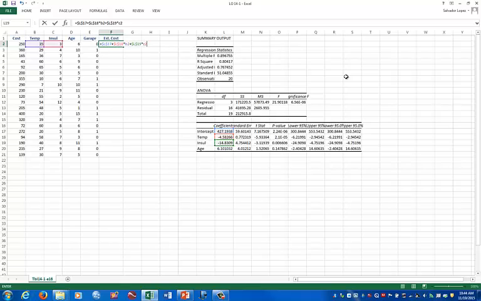Insolation is C2, and then plus the following cell, let's fix it, times the final independent variable, D2.